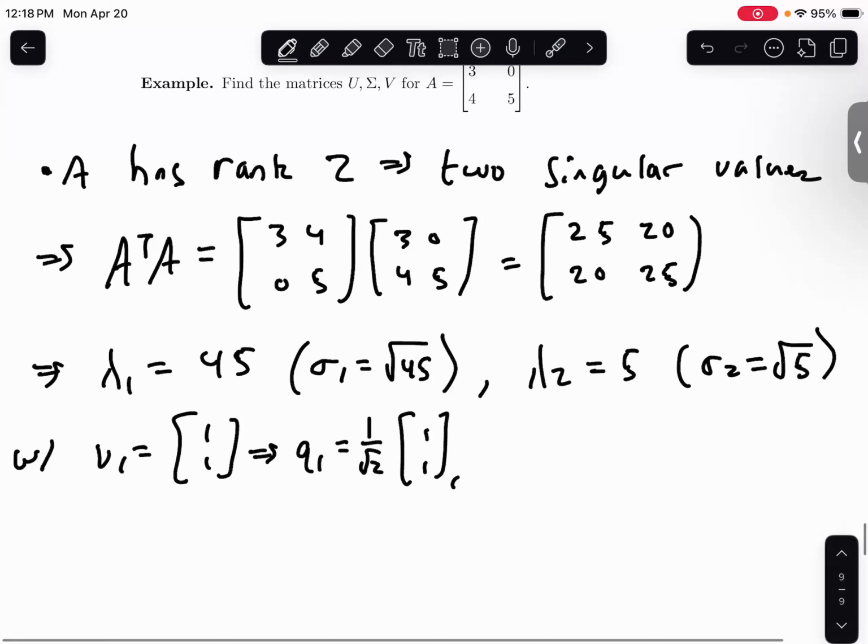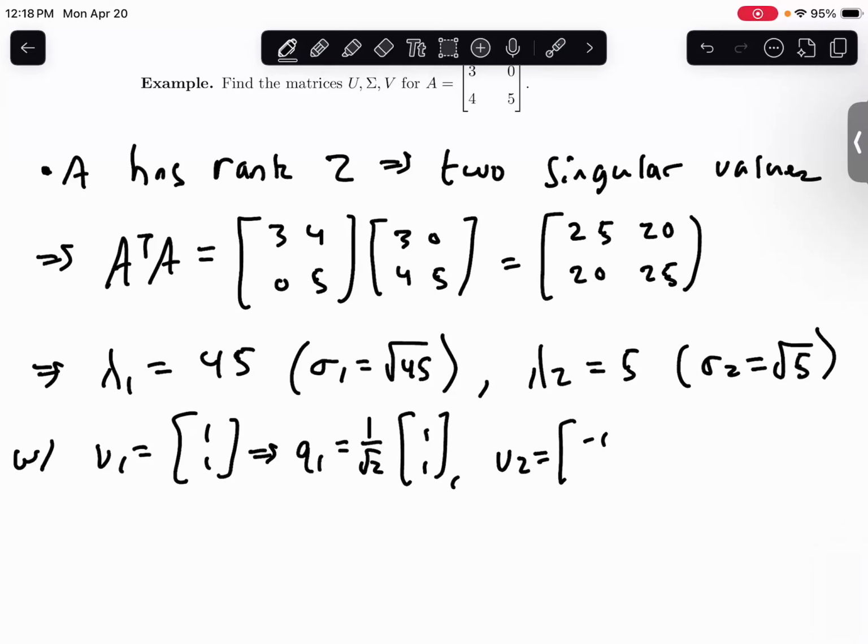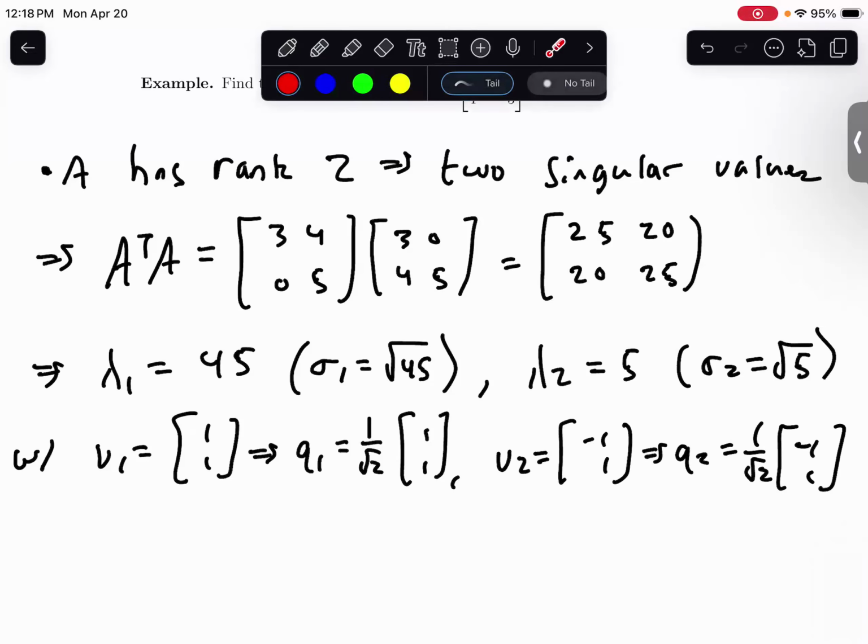And then the eigenvector corresponding to lambda 2 is going to be V2, which is equal to minus 1, 1, which if you make into a unit vector, is 1 over the square root of 2, and then minus 1, 1. You should notice that these vectors are orthogonal to one another. They're eigenvectors of a symmetric matrix, so they're guaranteed to be orthogonal.